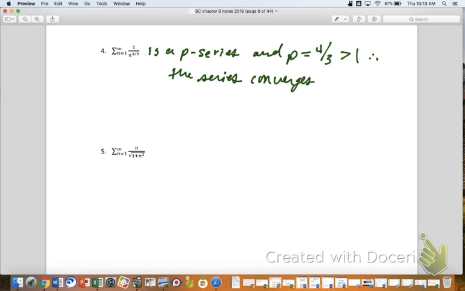Do you want us to name the series or the test that we use or both? You could go either way. I called it a P series, so I think it's a little redundant to say I used the P test. If you want to put both in there, obviously that's no problem. You really have to do one or the other. Like with the integral test, it's not like it's an integral test series. So you'd have to say, hey, I used the integral test, and here you go.